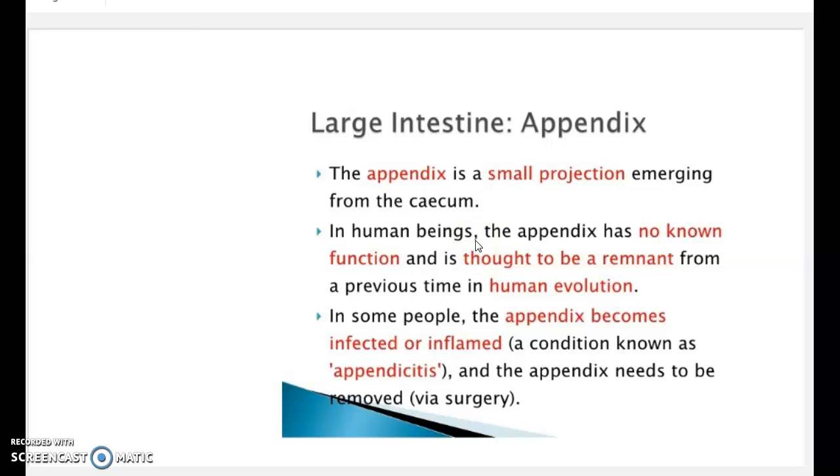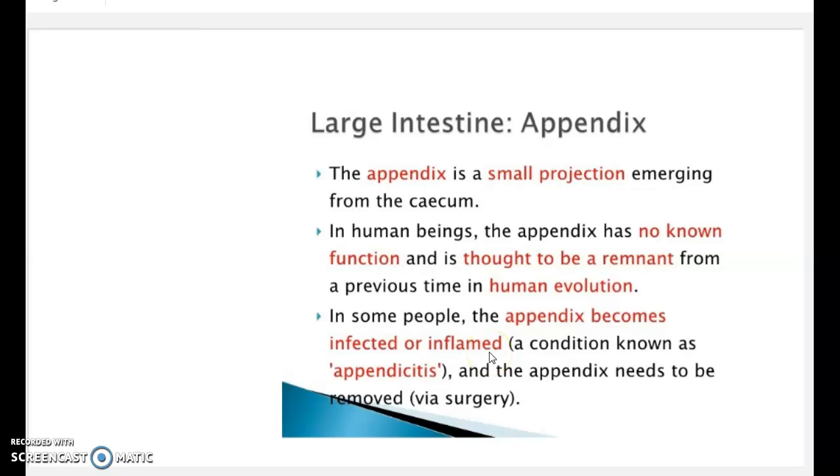In the human being, the appendix has no known function and is thought to be a remnant from a previous time in human evolution. In some people, the appendix becomes infected or inflamed.